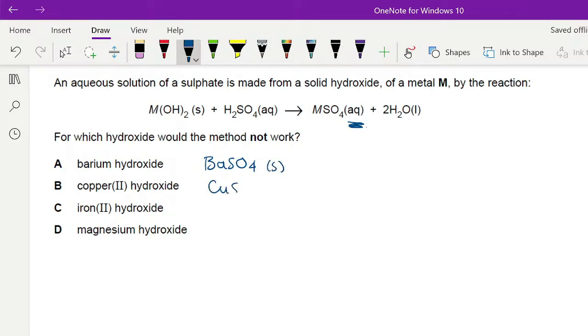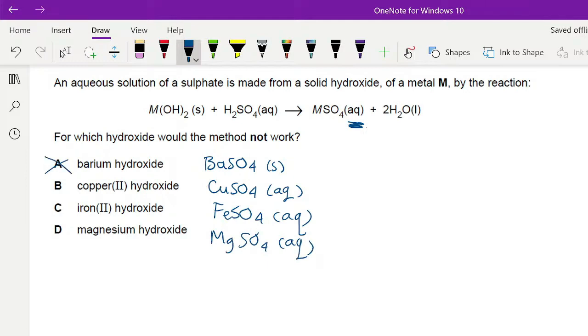Now copper sulfate is soluble, so it can be made using this method. Iron 2 sulfate is also soluble. Magnesium sulfate is also soluble. So only barium hydroxide is not gonna work, okay, because you need the product to be aqueous.